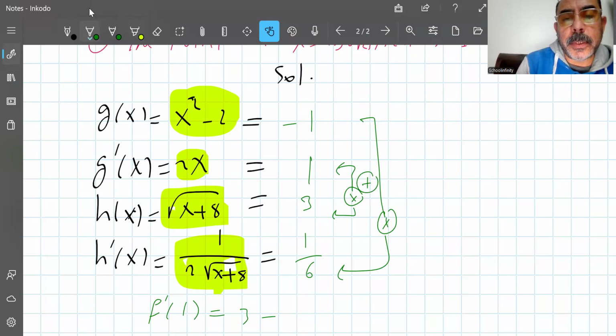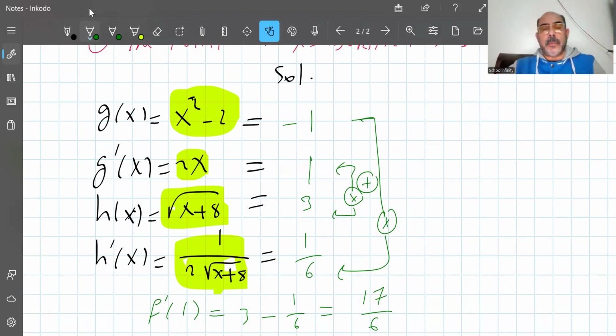But we have here plus, and the product of the extremes, negative 1 times 1 over 6, we get minus 1 over 6. So 3 minus 1 over 6 equals 17 over 6. So the slope of the tangent equals 17 over 6 at a point its x coordinate is 1.